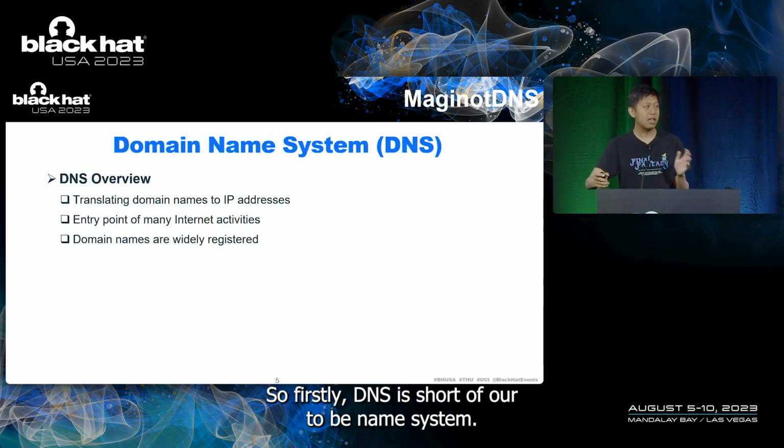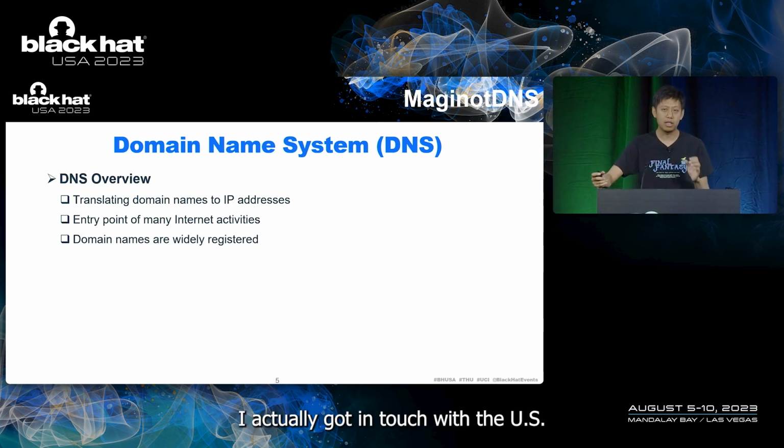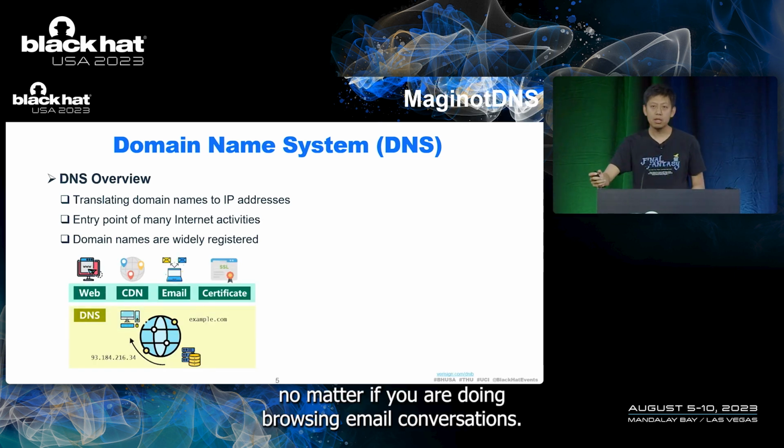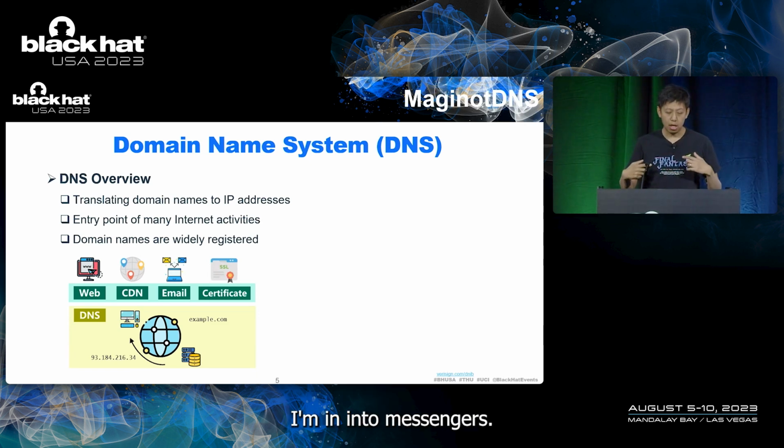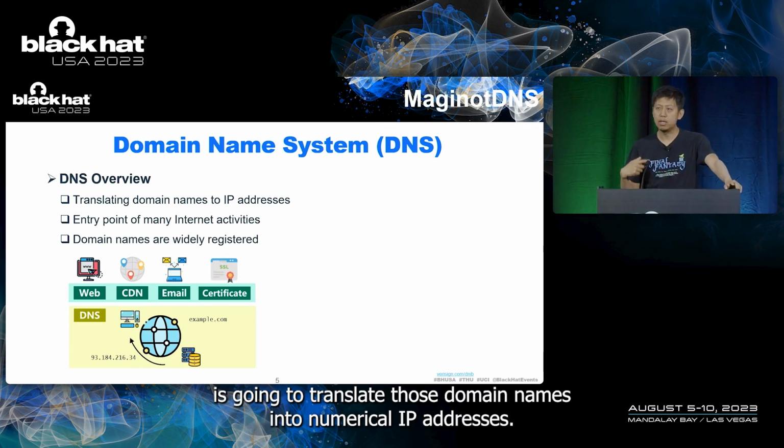So firstly, DNS is short for Domain Name System. And I believe nowadays, if you use the internet, you cannot avoid getting in touch with DNS. No matter if you're browsing, doing email conversations, or using messengers, usually you will need to use those user-friendly domain names, and then DNS is going to translate those domain names into numerical IP addresses.